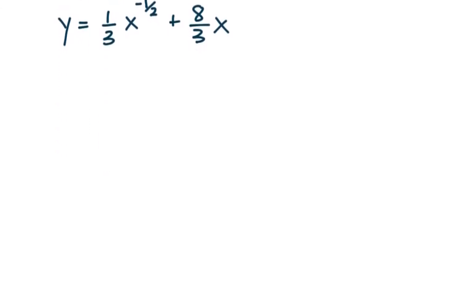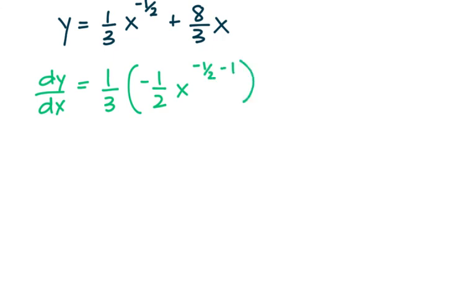At this point, we'll use our power rule. So the derivative of y with respect to x, that is 1/3. I then have negative 1/2 x to the negative 1/2 minus 1. And for my other term, I have 8/3. And then I have 1x to the 1 minus 1. So I used my power rule on each of these x variables.